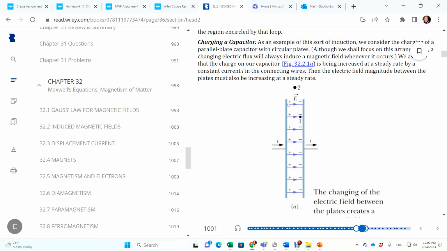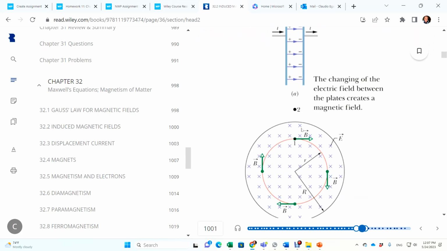It's actually related to the electric flux. If you multiply the electric flux by that epsilon naught constant, you end up getting a parameter that has the units of current.